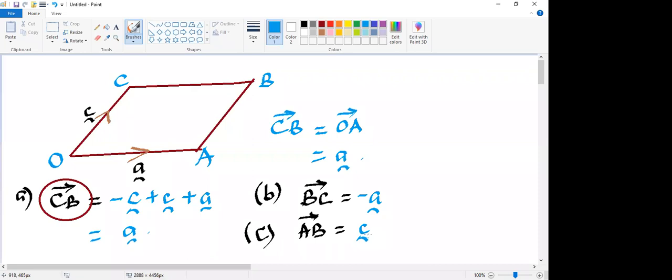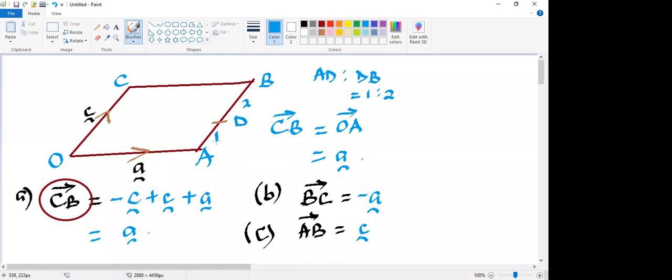I want to define D. The point D lies on AB, such that AD to DB equals 1 to 2.